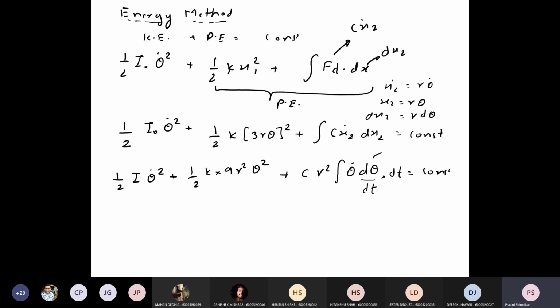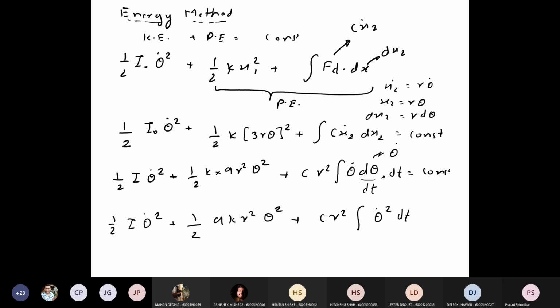So this term again becomes theta dot. My equation becomes half I theta dot square plus half 9k r square theta square plus the integral of c r square theta dot square dt is equal to constant.